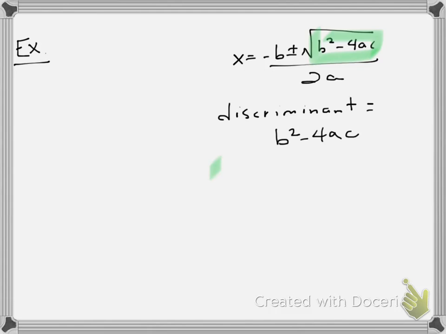If b squared minus 4ac, the discriminant, equals a positive number, you will have a real root. I'm just going to tell you to keep going.